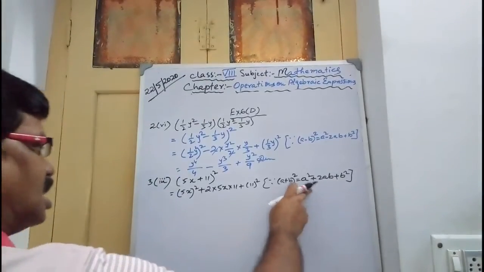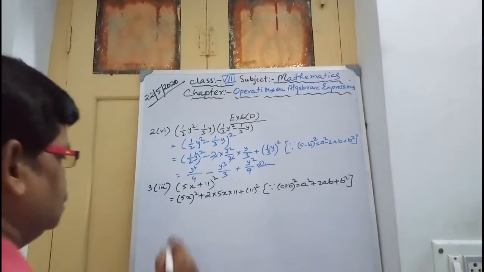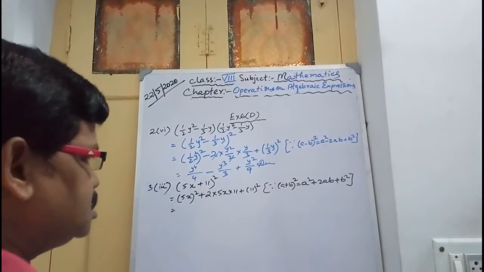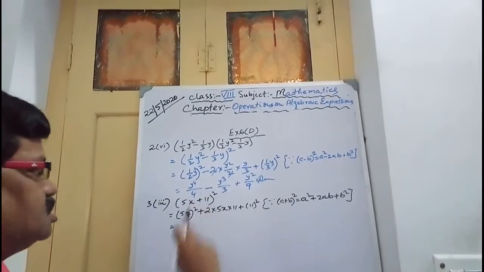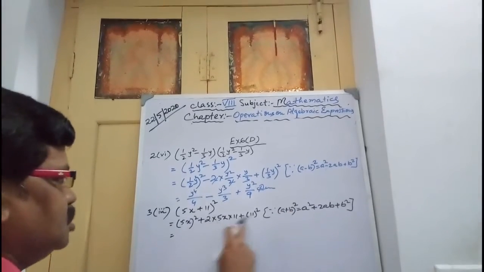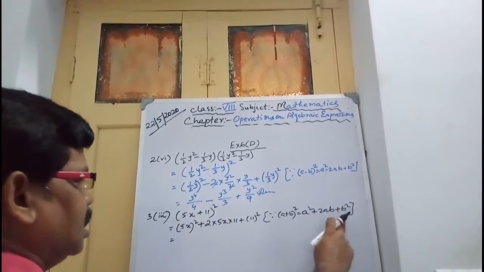By using this identity, this is found. In place of a, here is 5x. In place of b, here is 11. So a² + 2ab + b².